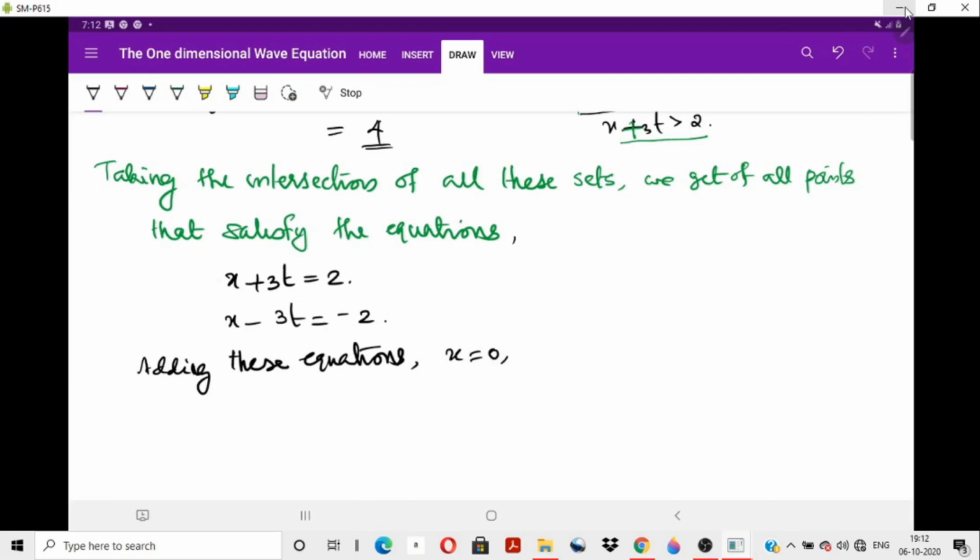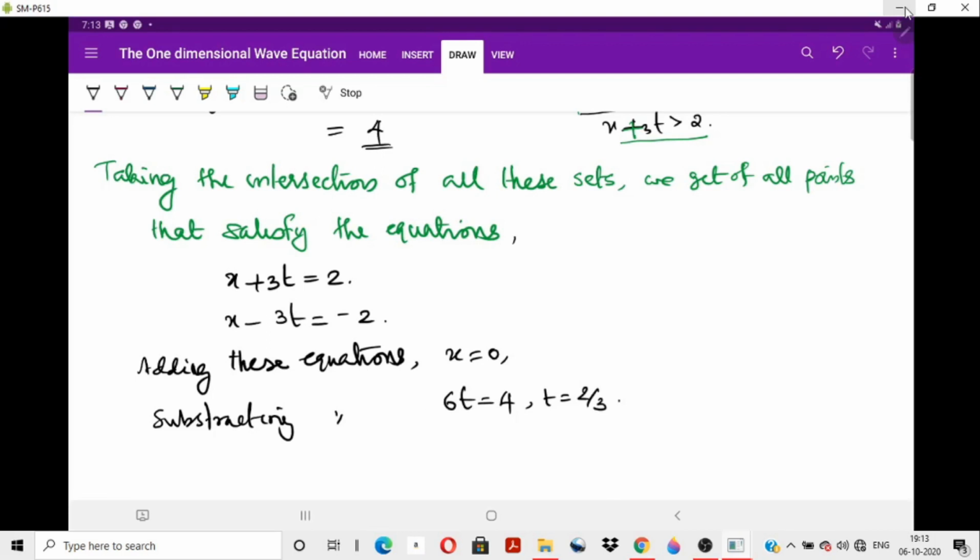Subtracting, we get 3t minus minus 3t, that is 6t equal to 2 minus minus 2, that is 4, or t is equal to 4 by 6, that is 2 by 3.